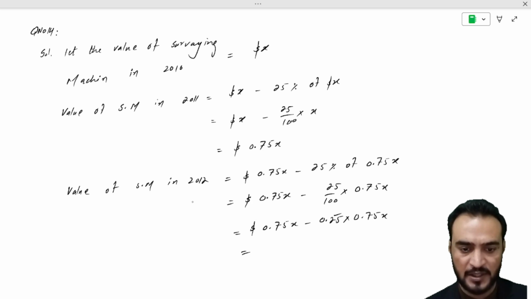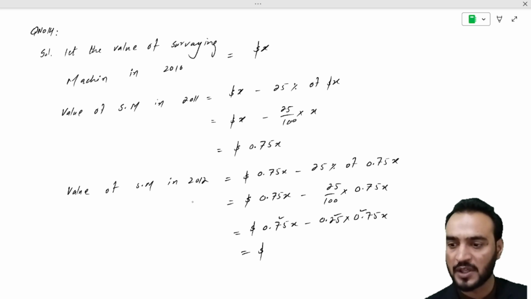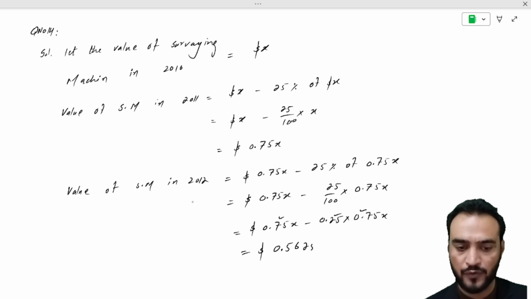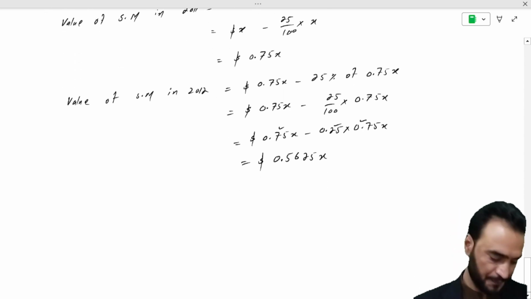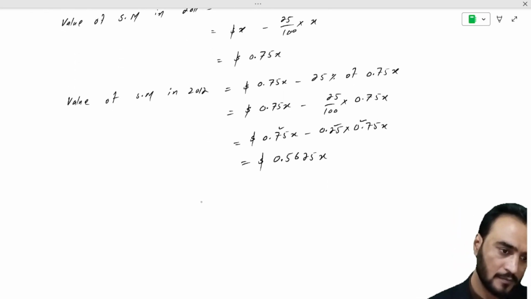Multiplying these two factors and subtracting, we get the final value in 2012, which is 0.5625 times X.